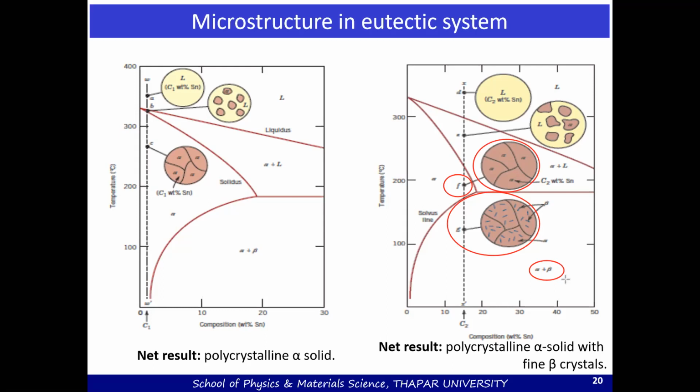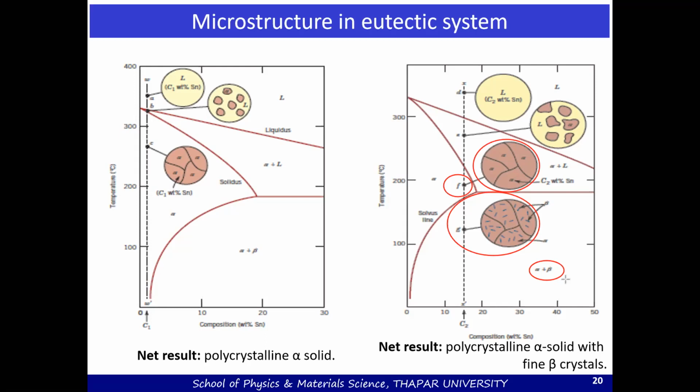If beta has to form out of an alpha, that means in a localized region within the solid, the percentage of Sn should go high. So the points which are marked as blue color lines are the localized regions within the alpha solid where somehow Sn from the nearby region has diffused in large quantity.